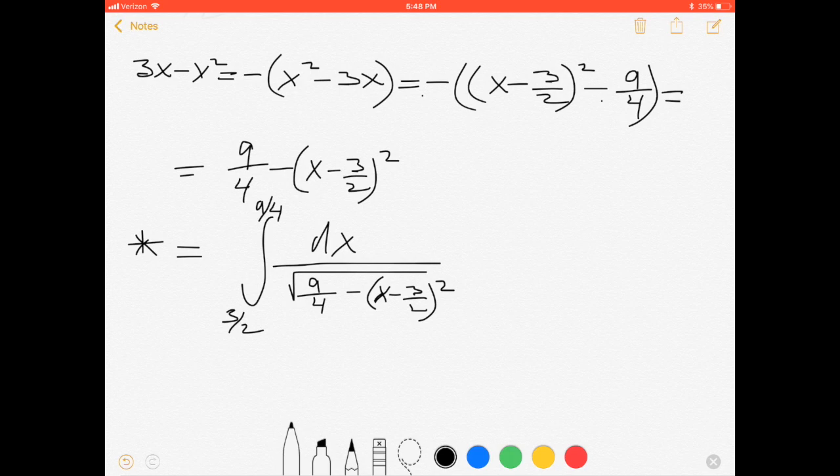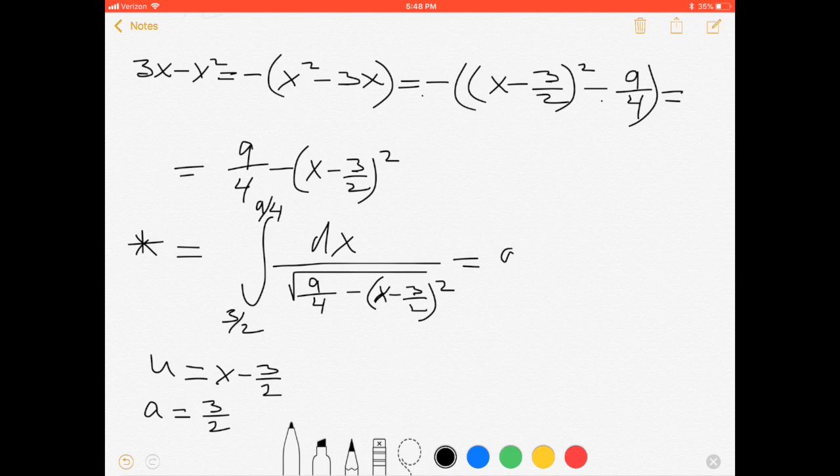Okay. Constant minus function inside the root. This means you have formula number 1. Great. What is u in your situation here? u is x minus 3/2. What is a here? a squared is 9/4. This means a is 3/2.